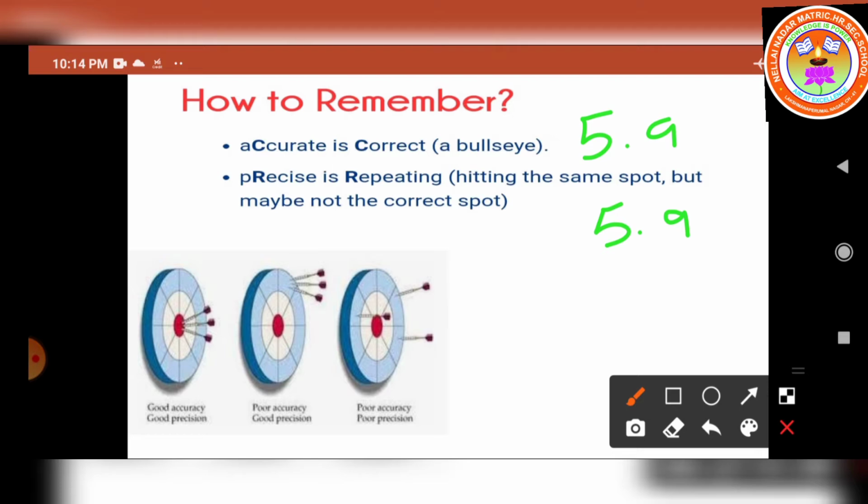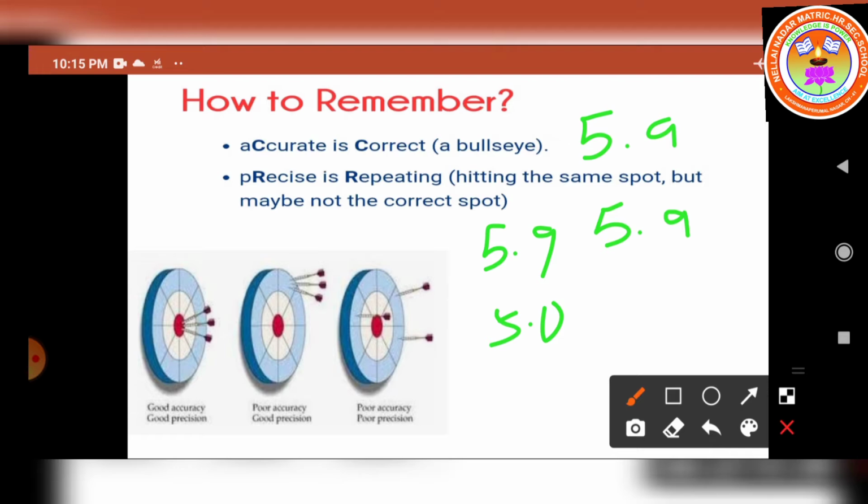Now let us move on to the example for precision. If you consistently measure your height as 5 inches, while the true value is 5.9 inches, with the yardstick, your measurements are precise. The level of precision required for different applications varies to a great extent.